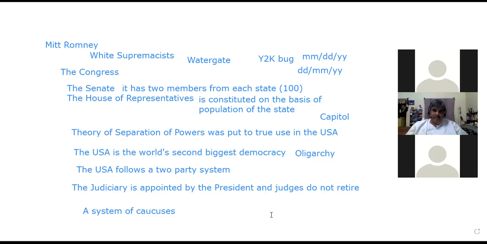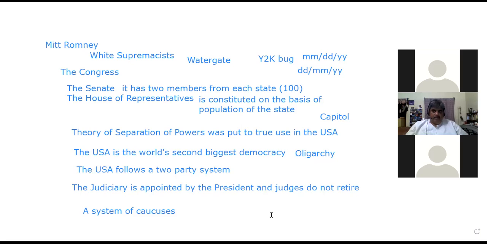And please remember that you choose a running mate. So if you win, your running mate also wins. Your running mate is the vice president. There is no separate election for the vice president.